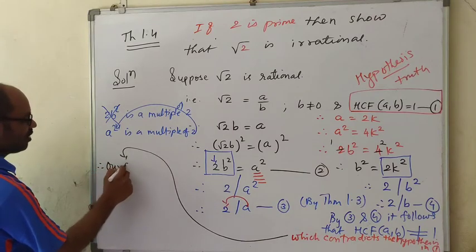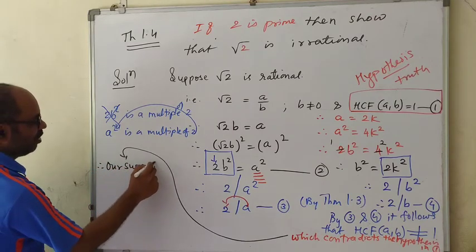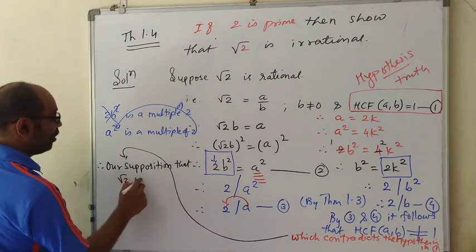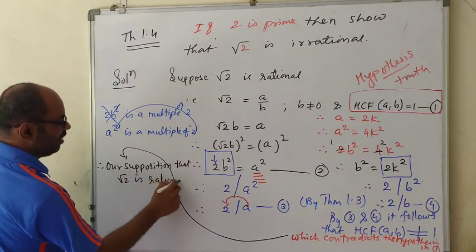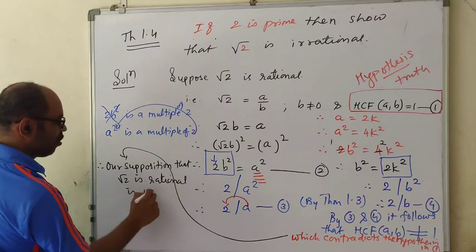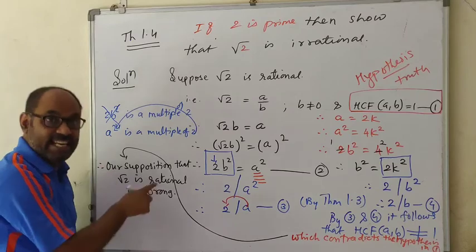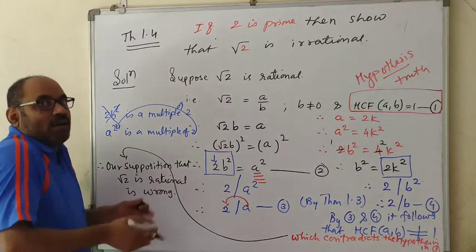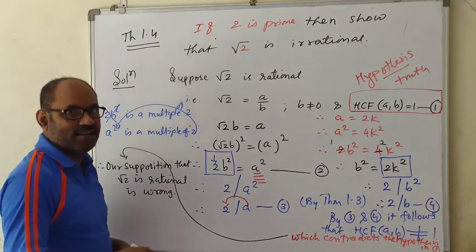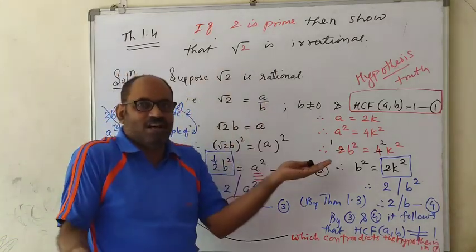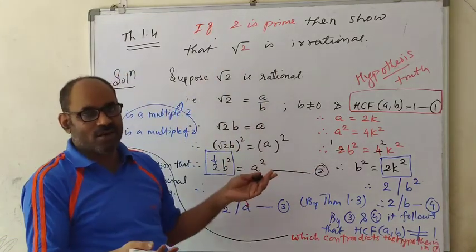Therefore, our supposition that root 2 is rational is wrong, is not true, is incorrect. Then what is correct? What is true? Only two possibilities: root 2 will be rational or root 2 will be irrational.